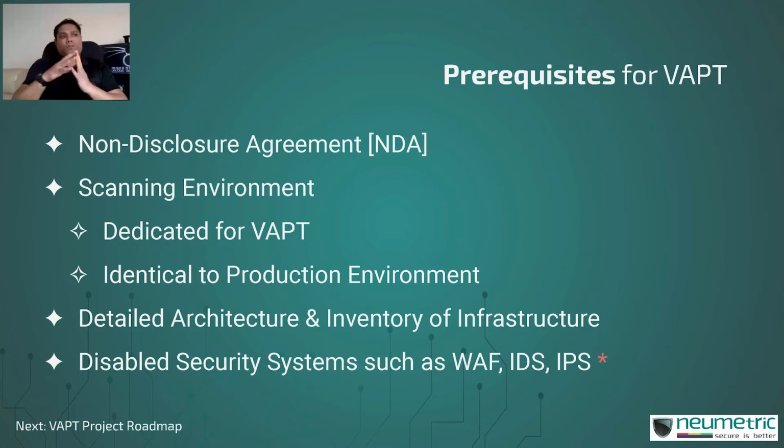But I strongly recommend that if you cannot recreate your production environment for the VAPT to be conducted, it is best that you postpone the VAPT activity till the time this is done. And the reason for that is, at the end of it, you are trying to protect your production environment, the environment that is most likely to be targeted by hackers.